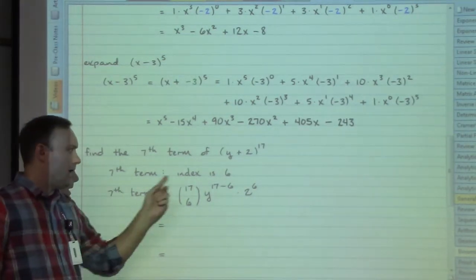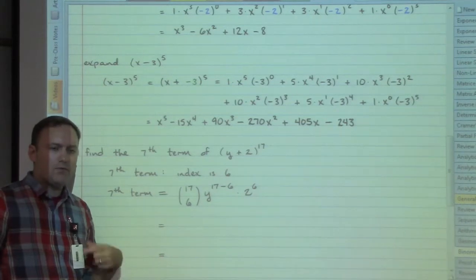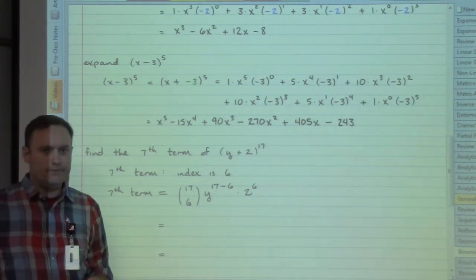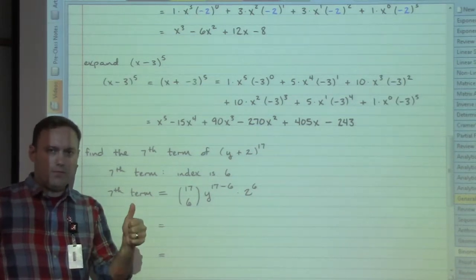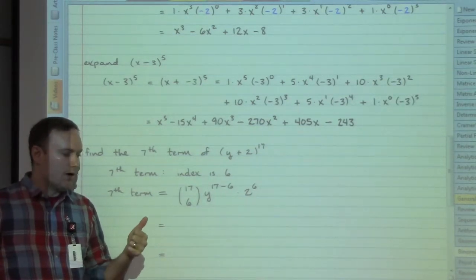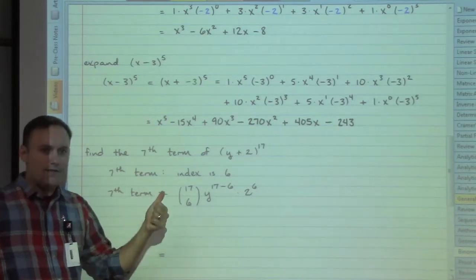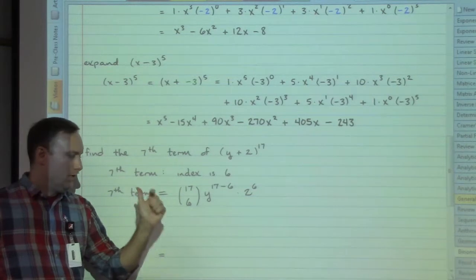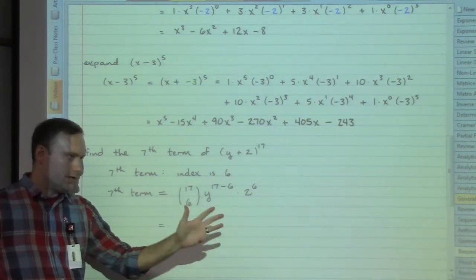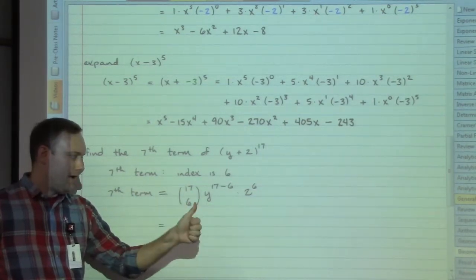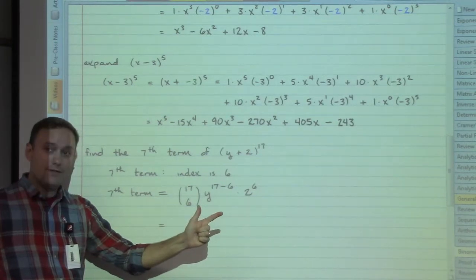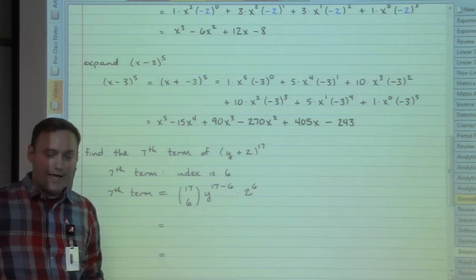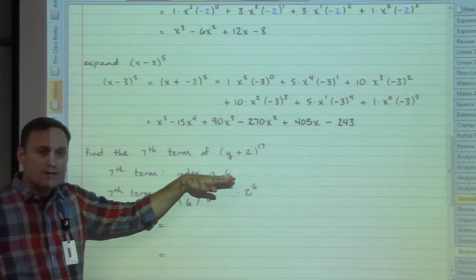So when we talk about the 7th term, we have to remember that our binomial theorem officially starts with an index of 0. So the first term corresponds to an index of 0. That means that the 7th term would, if we count it out, 0, 1, 2, 3, 4, 5, 6. So 7th term, and out loud we counted out 6 for the index.